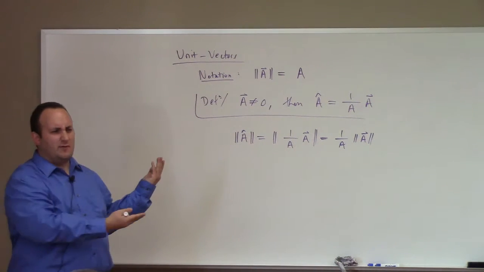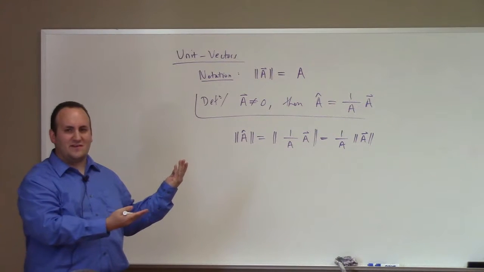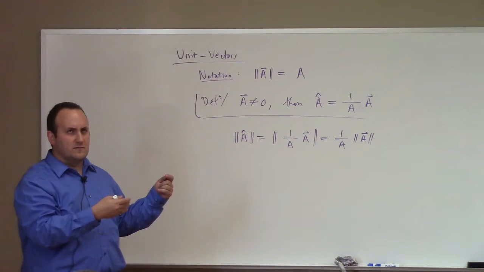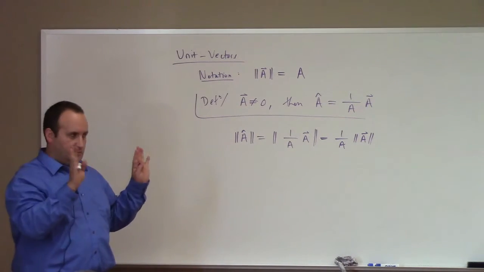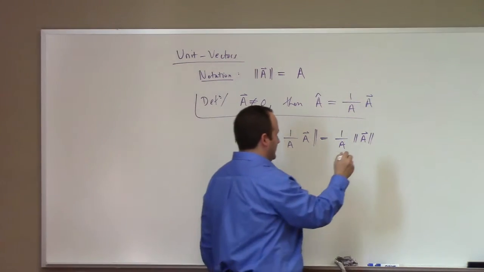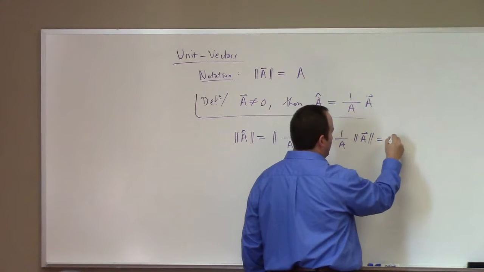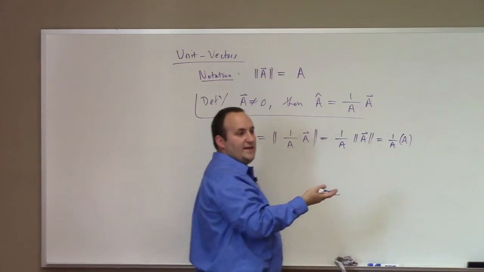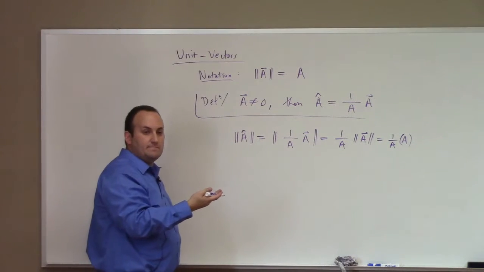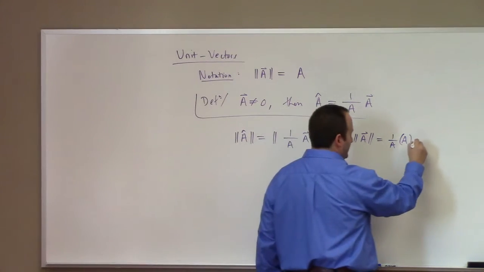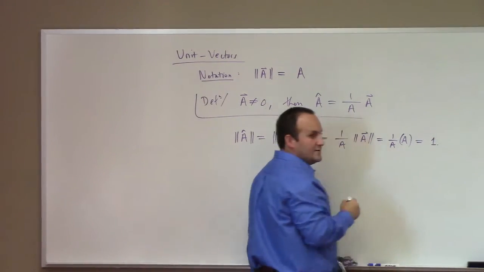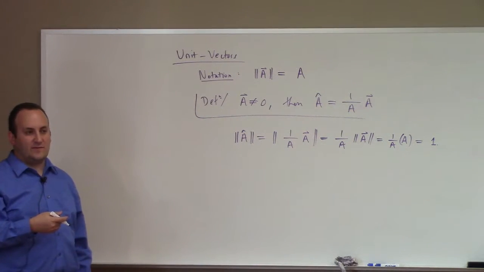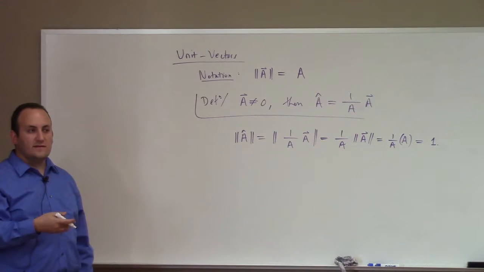How would you communicate what we're doing right now if the only notation you had was leave the vector off of it? Oh, that would be hard. Okay, so 1 over A. Oh, but these cancel because A is not 0, right? We assume that. And of course we get 1.